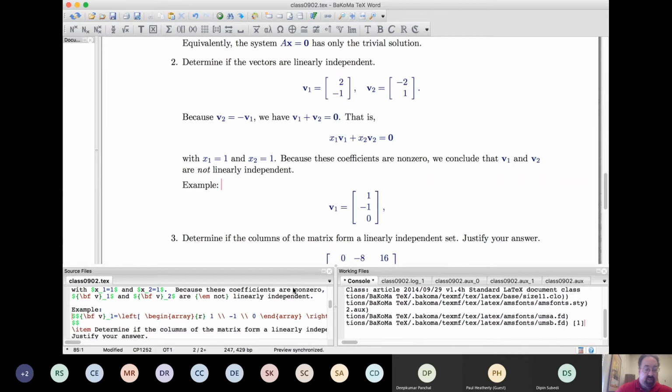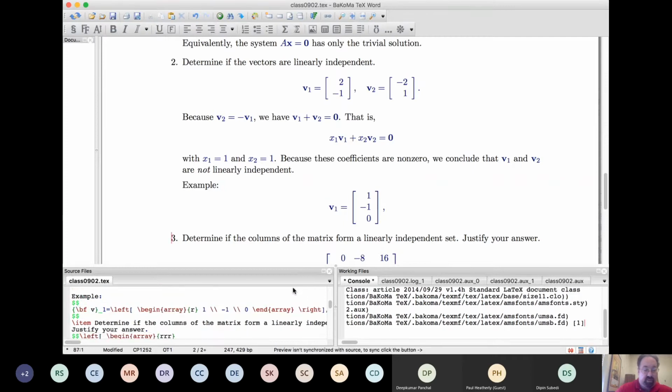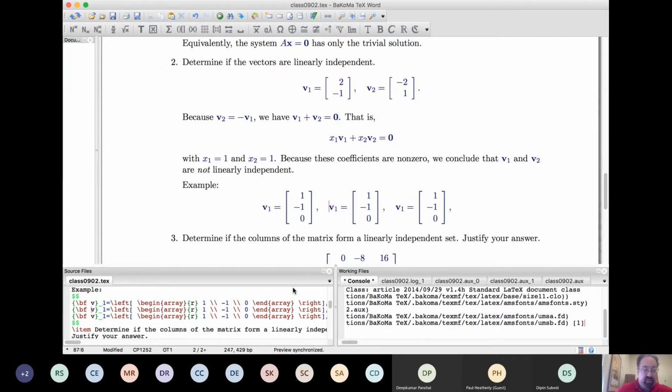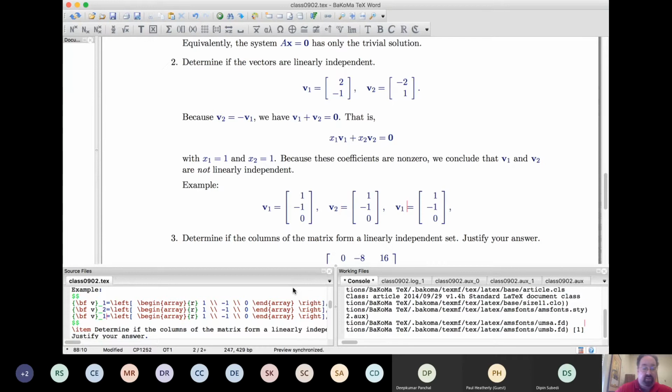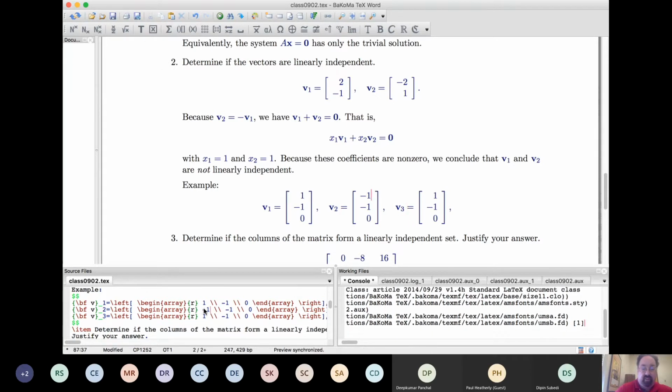And then I want two more vectors. For v2, I'm just going to negate these. And then I'll put something else for v3.